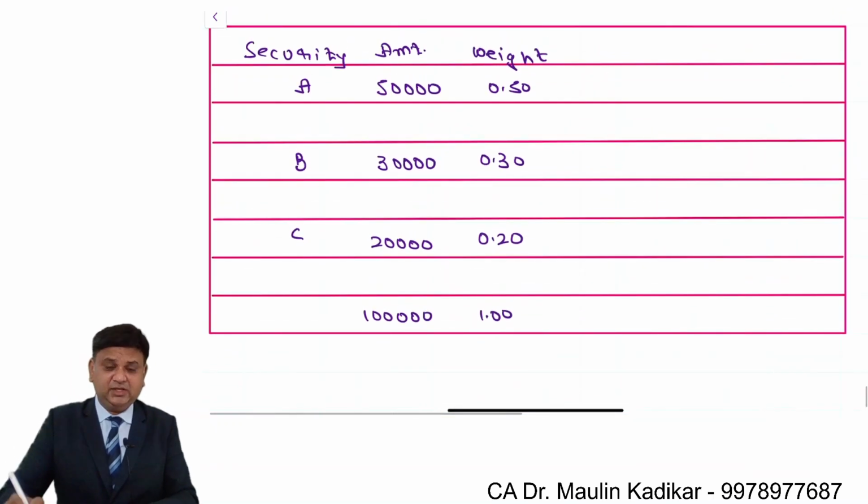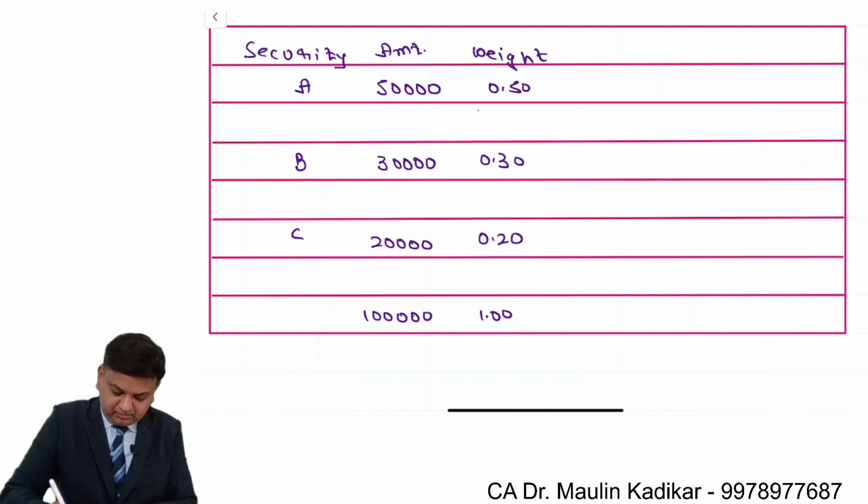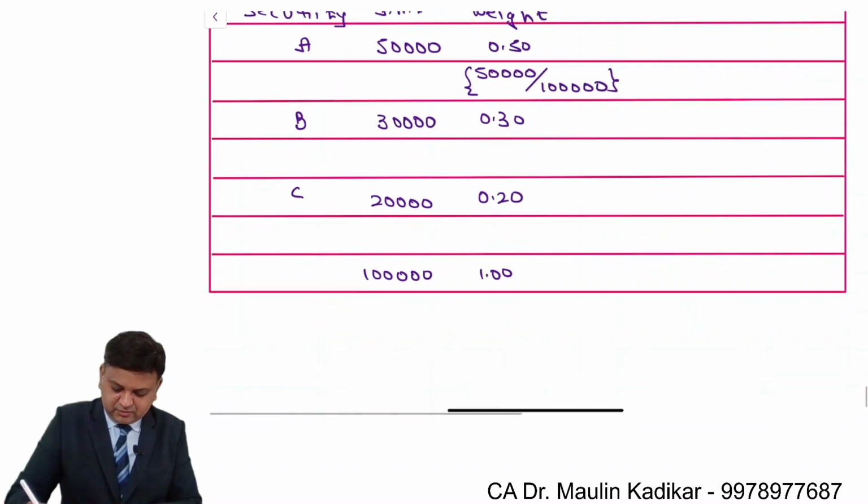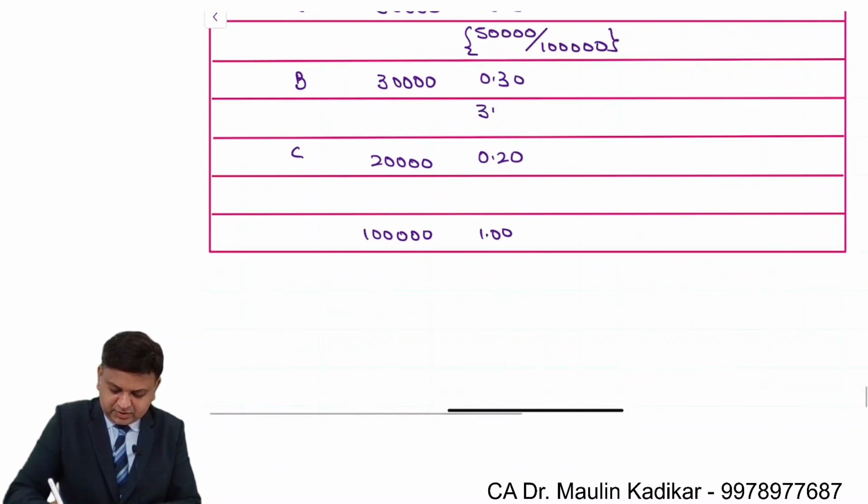As far as security A is concerned, it is 50,000 divided by 1 lakh. That is 0.50. 30,000 divided by once again 1 lakh.